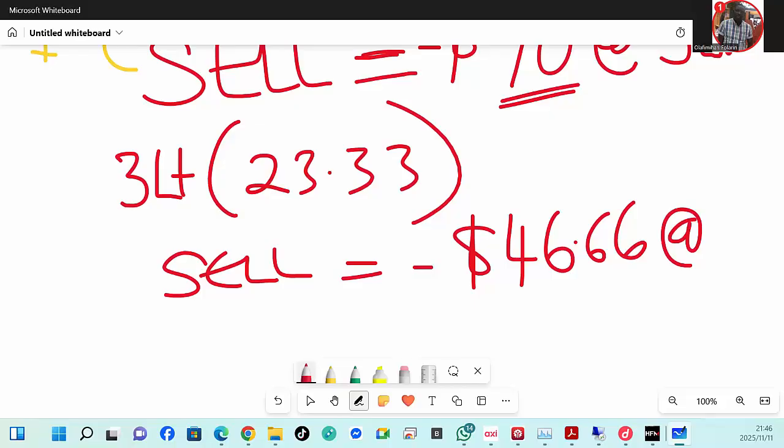So at 2 lots, that is what will be left on our trading, because we have closed 23.33.